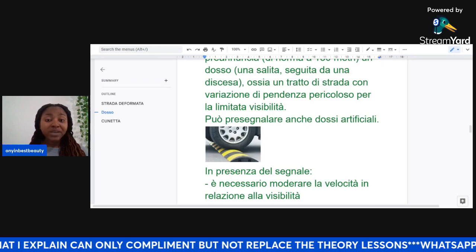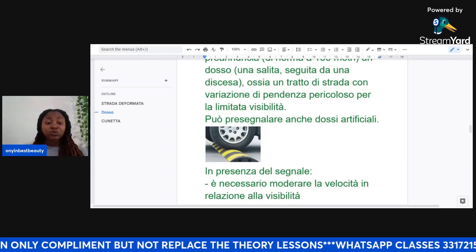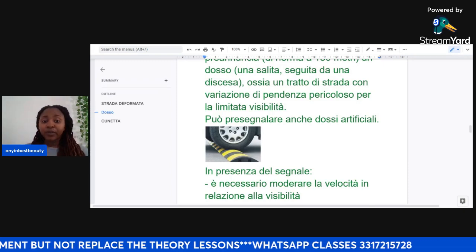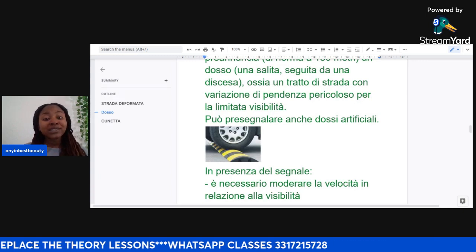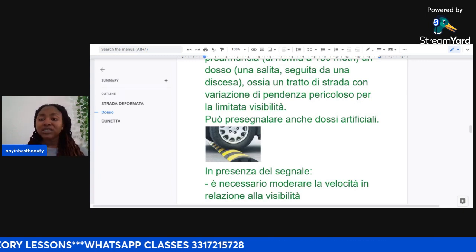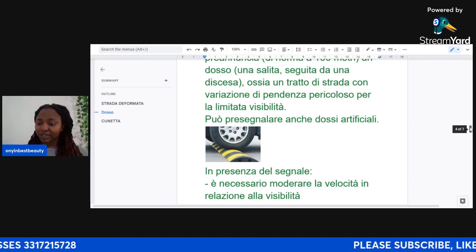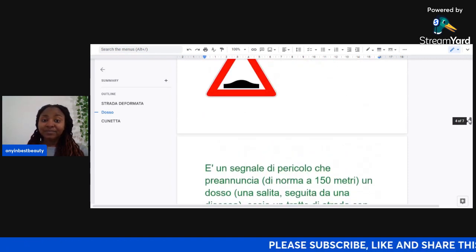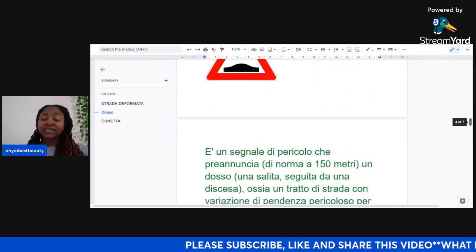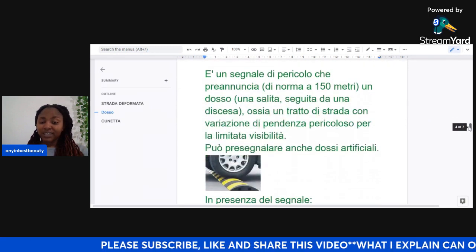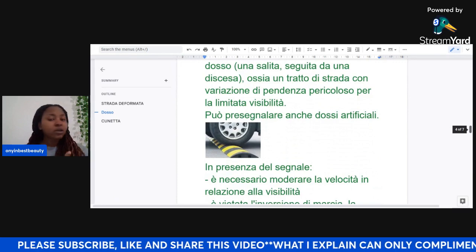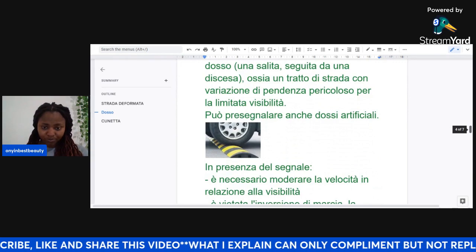This is an artificial one made by man. Now we put them here, artificial. But it doesn't have its own sign. Rather, it still uses the sign of dosso, just that it's an artificial dosso. So it still has this sign as a warning sign, telling you that you're going to meet a dosso, artificial or not.